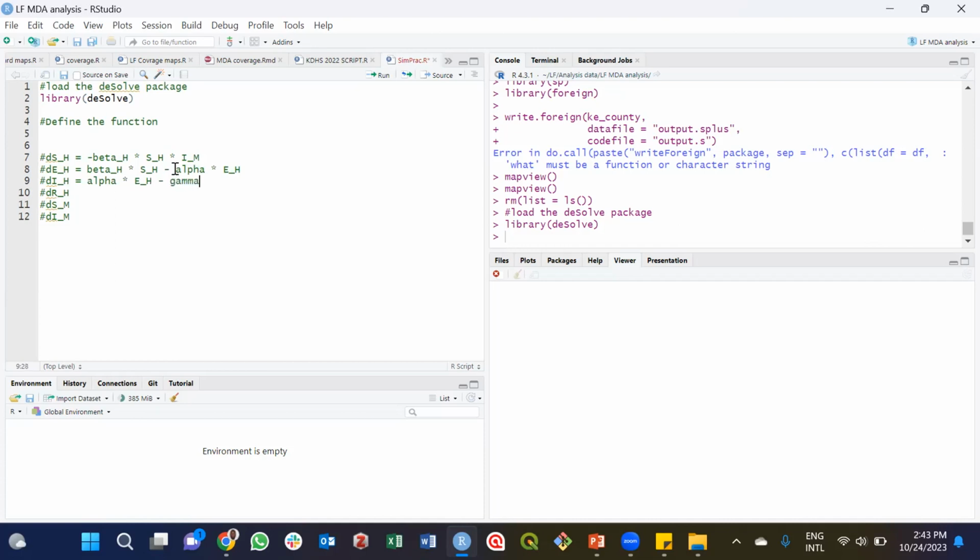And then this can leave at gamma times I, because they are leaving the I. Remember, they're leaving the I. These are leaving the E. These are leaving the H. So when they leave here.